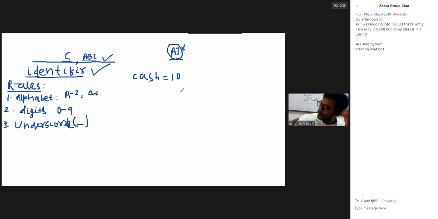If the identifier is valid, then the whole instruction is valid. Don't worry about equal to 10, whatever it may be.